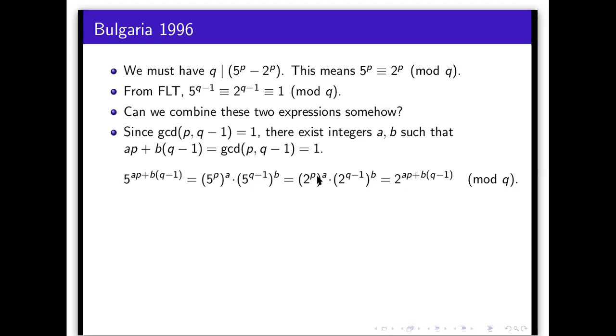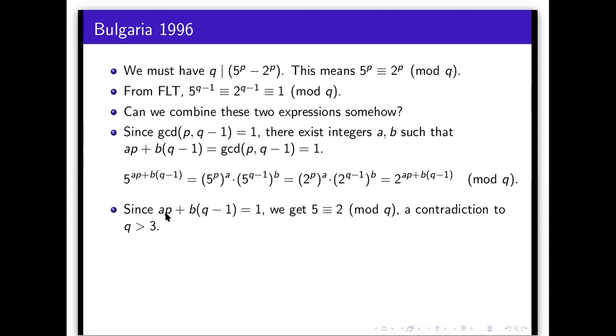So then if we write 5 to the ap plus b times q minus 1 as 5 to the p to the a times 5 to the q minus 1 to the b, and we substitute 5 to the p is equal to 2 to the p, and 5 to the q minus 1 is equal to 2 to the q minus 1, and simplify, this is just equal to 2 to the ap plus b times q minus 1.